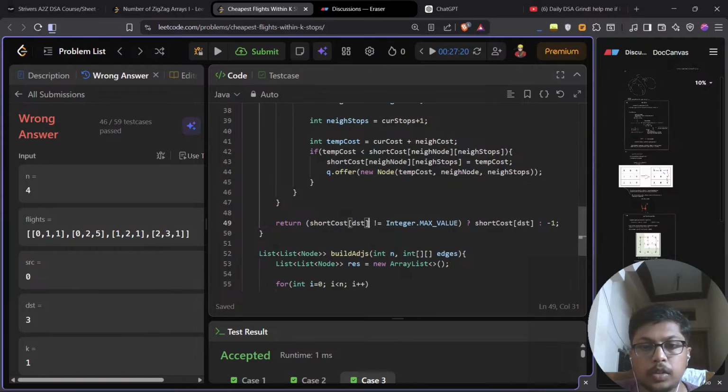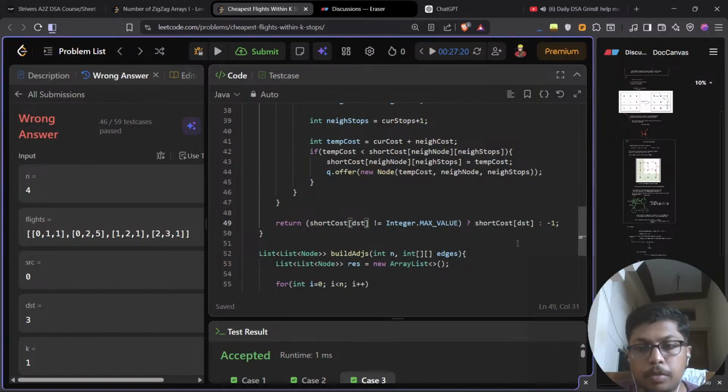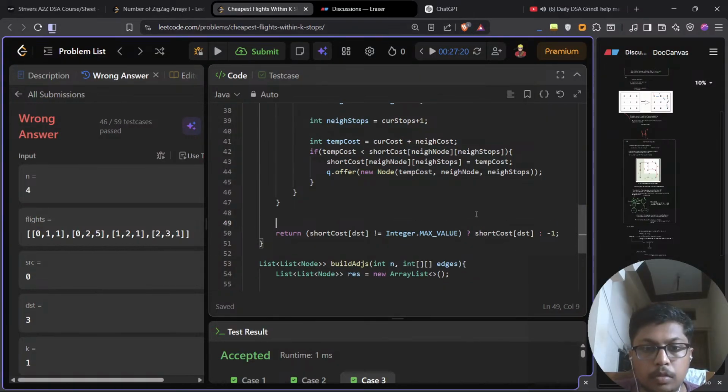You can't say which step. There might be multiple steps where you need to take the minimum. So I would try to take the minimum.